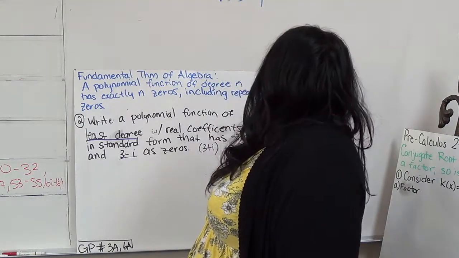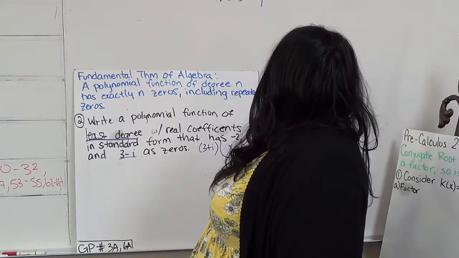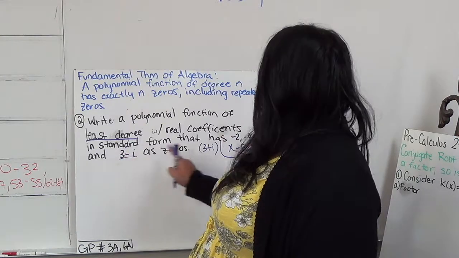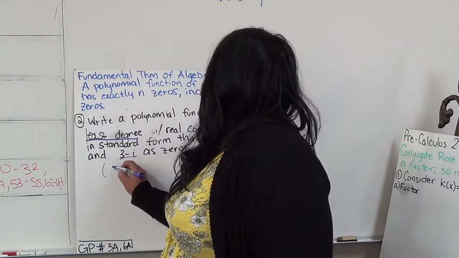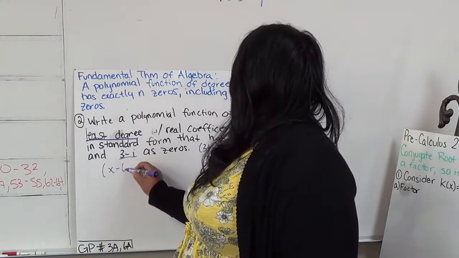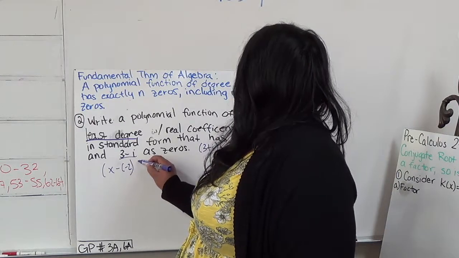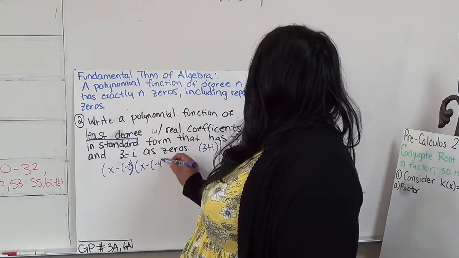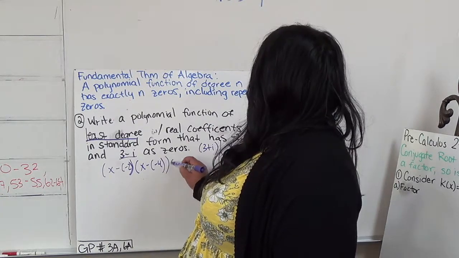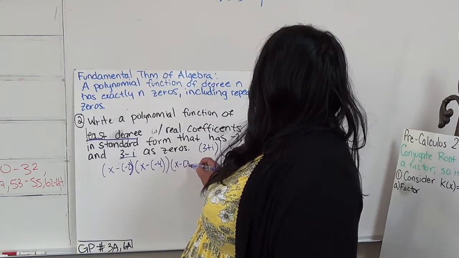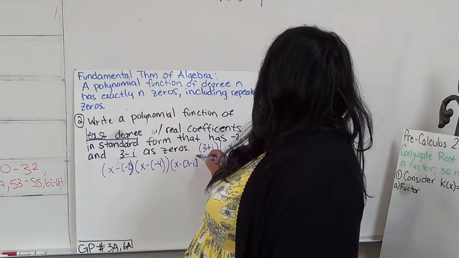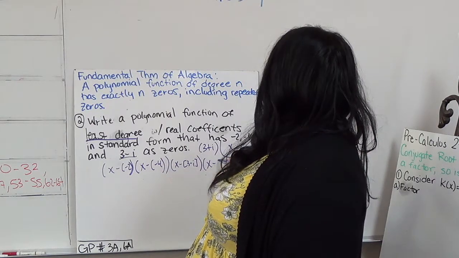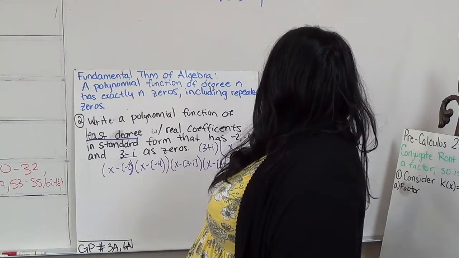I'm dealing with x minus c, and these are all my c's right here. So we have x minus -2 times x minus -4 times x minus (3 minus i), and then x minus (3 plus i).